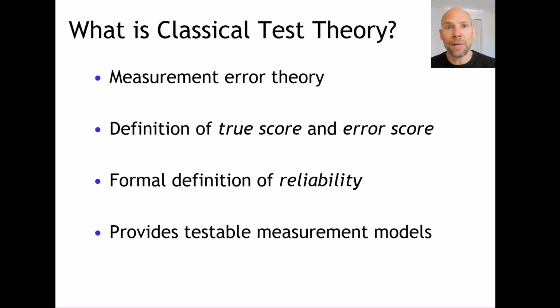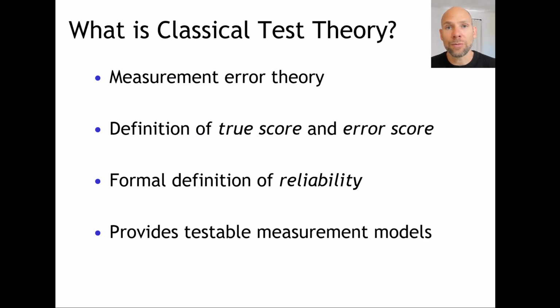There are many assumptions in classical test theory that imply testable consequences for the observed data, and those are inherent in or implied by the measurement models that I will discuss in this video, where we can very clearly say, okay, what do the data have to look like in order to meet the assumptions of a given measurement model. And so we can test the models, for example, with confirmatory factor analysis, with a chi-square test of model fit, to see if those models are adequate for our test scores.